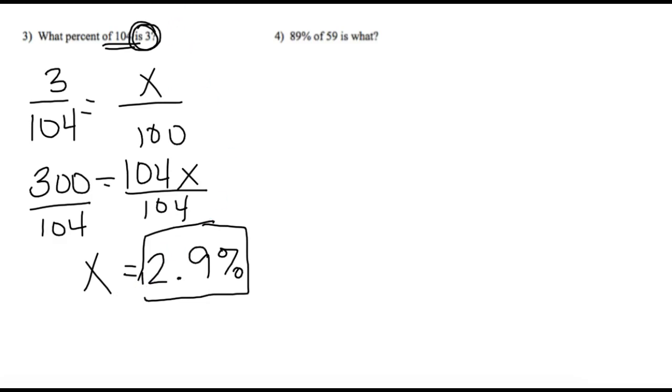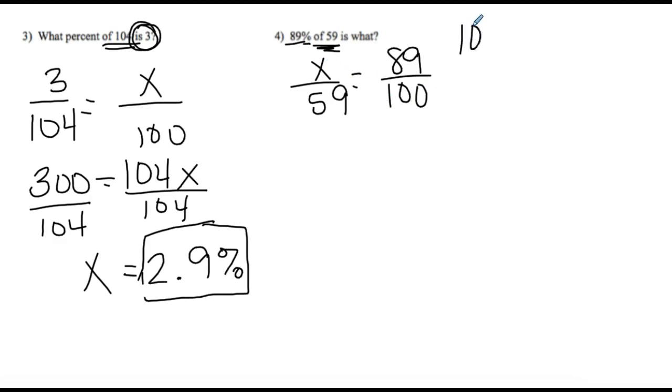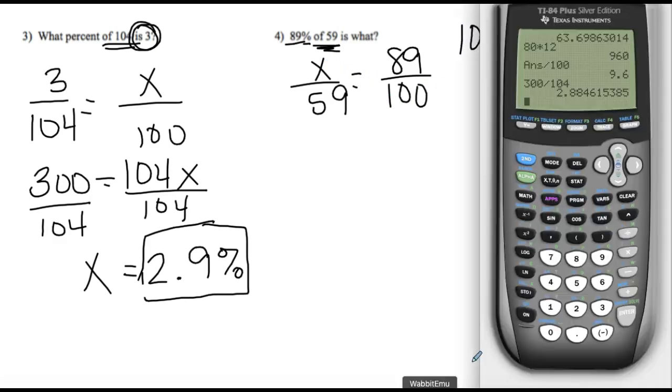Okay. Example number 4. Always starts like this. I see I have a percentage, so I'm going to put that number in, of 59. That makes 59 go down below, and I fill in my one missing spot with an x. When I cross multiply, x times 100 is 100x, and then I need to do 59 times 89, which is 5,251.